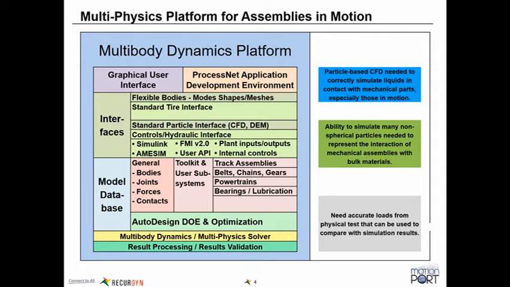So with all this graphical interface and the interface to these other simulation areas, all that is then stored in the model database with all these different components, which can be created through the graphical interface or through ProcessNet. We have the process automation with the toolkit, and also customization by having user subsystems that can be defined.